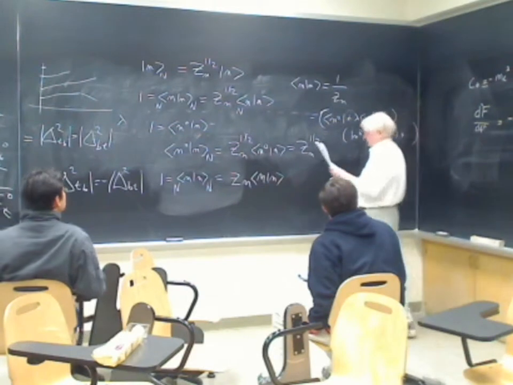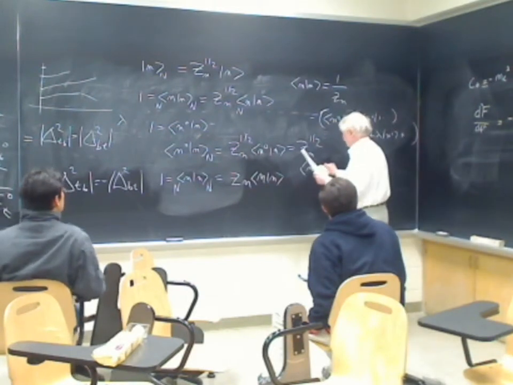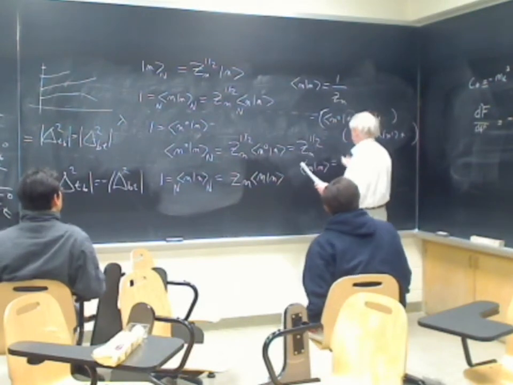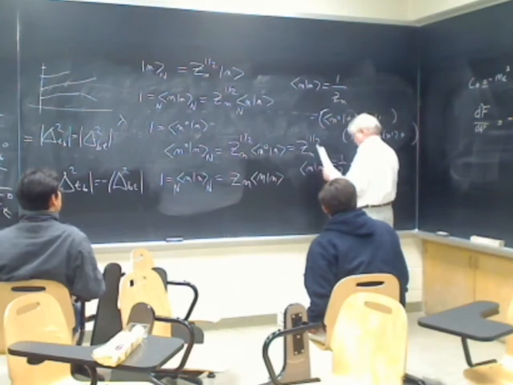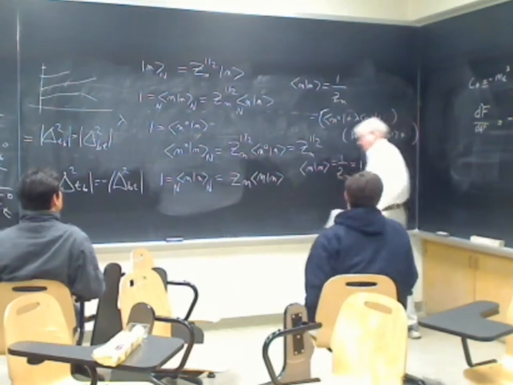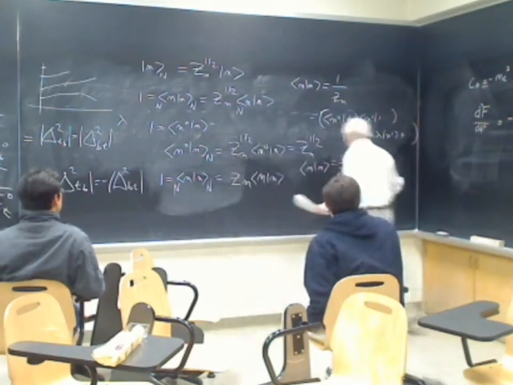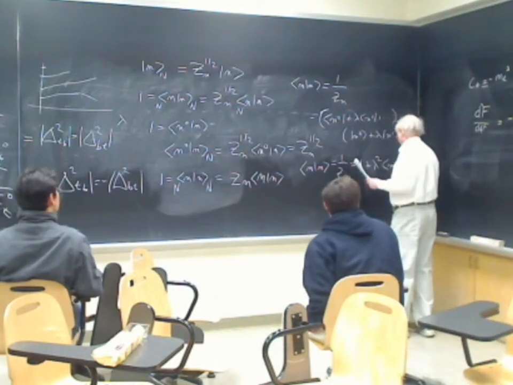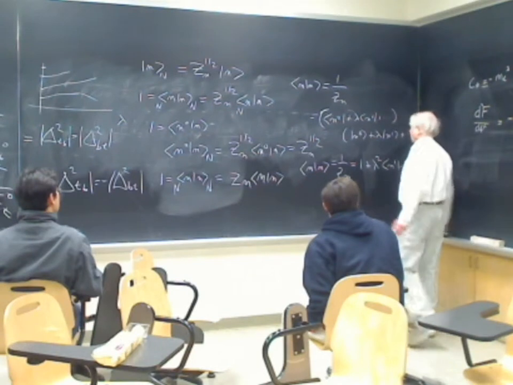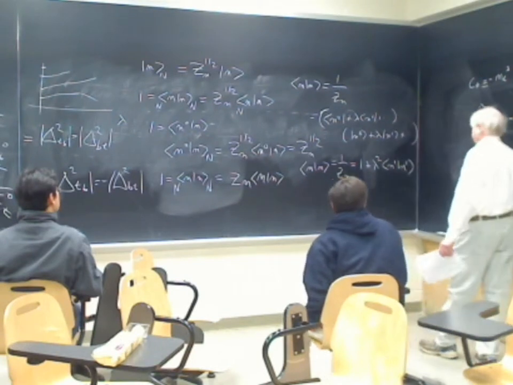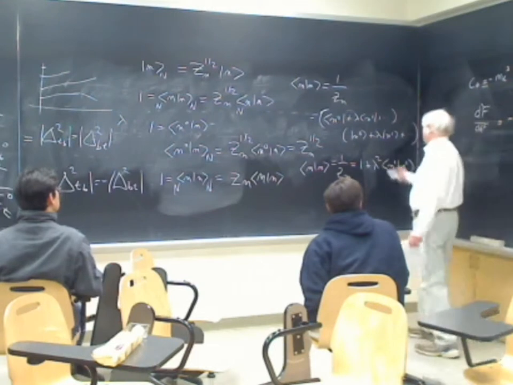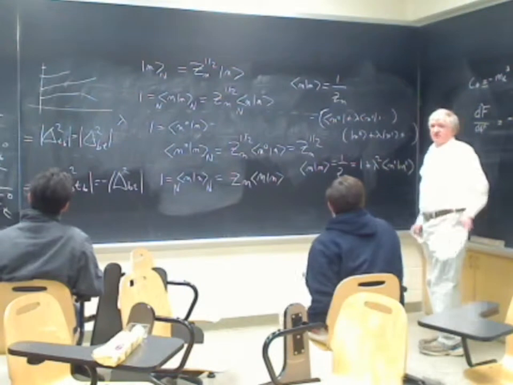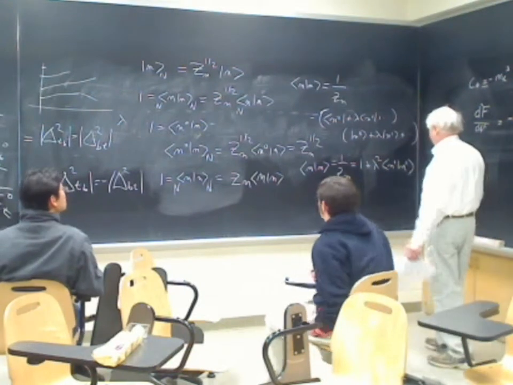And so to lowest order, this (n|n), which is 1 over Z_n, is equal to 1 plus lambda squared <n1|n1>. N0, of course, is perpendicular to n1, as you can see from these various expressions we've derived here.